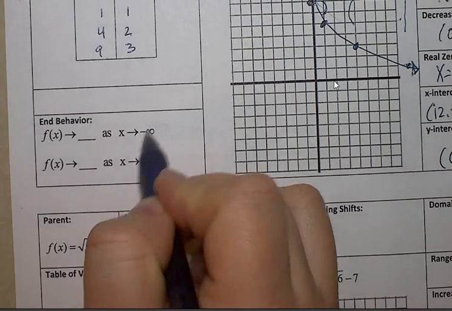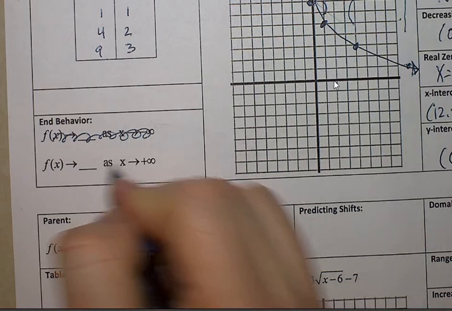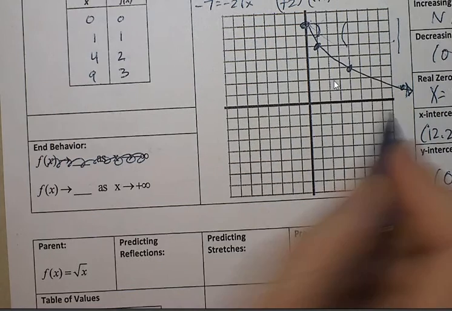Only doing the top part, please. So as I move to the right, which way is it going? It's going down.